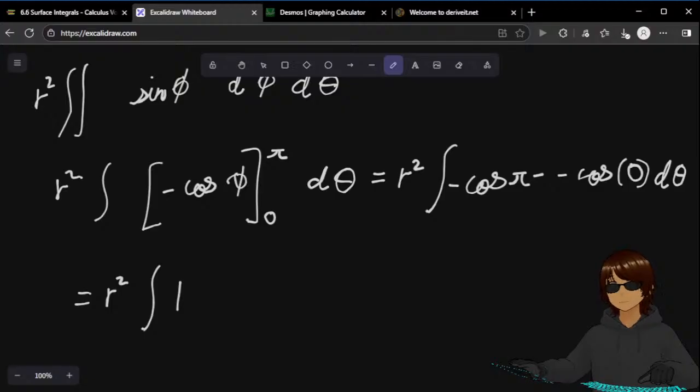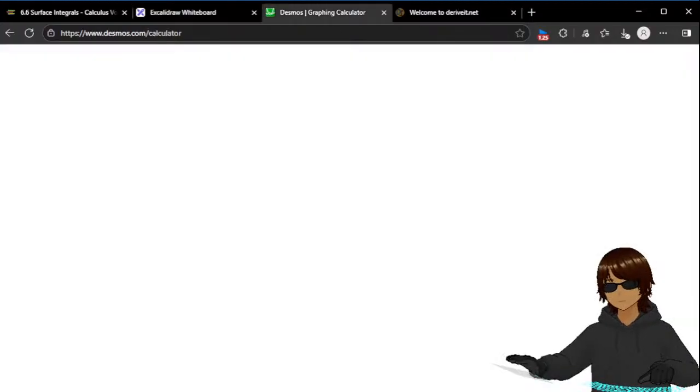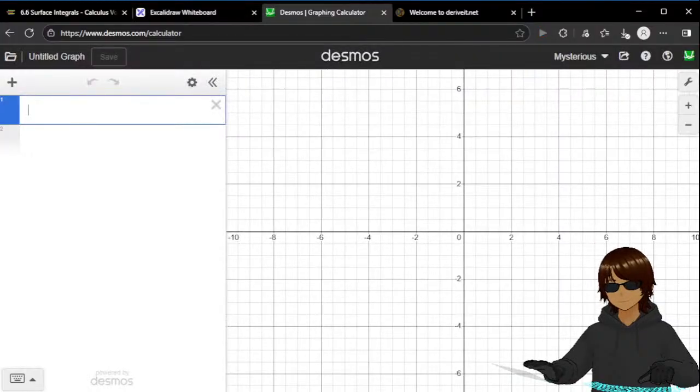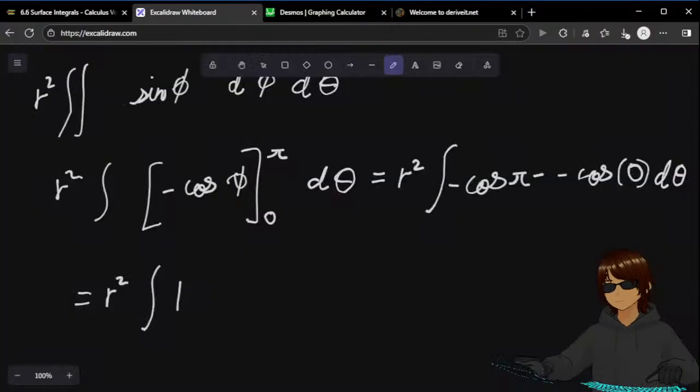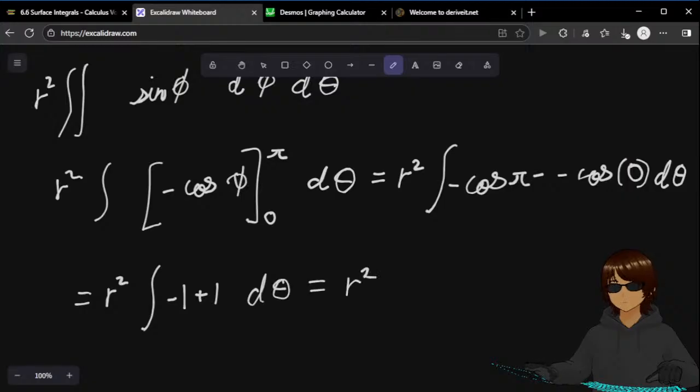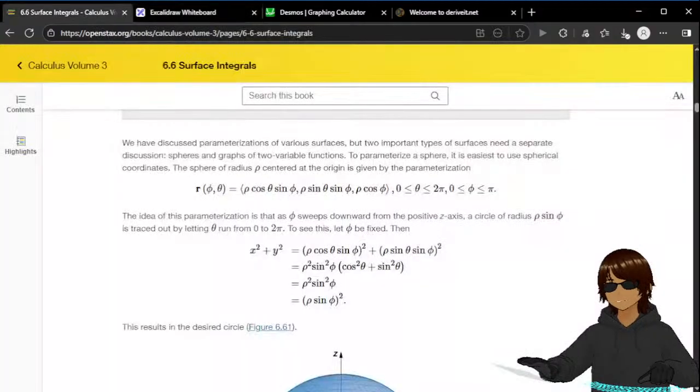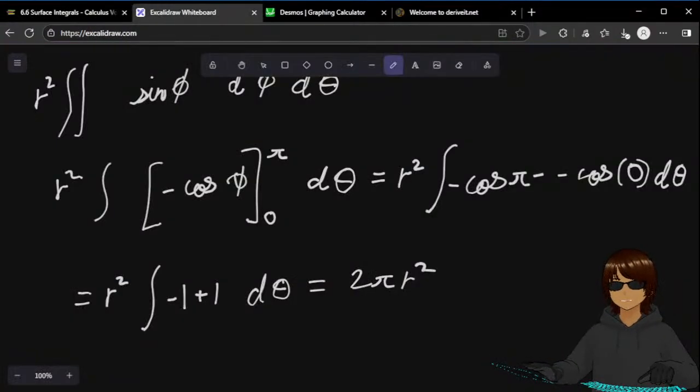Hold on. What is cos pi again? Cos pi is negative 1, right? 0, negative 1, negative 1, minus plus 1. 0 to 2 pi. And that's an issue. Hold on.